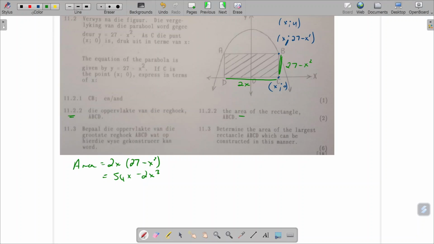And that is our answer for 11.2.2. However, we have a follow-on question that's quite important, and that is to determine the area of the largest. Now again, they have used the word largest here, but they mean maximum. So we want to have the maximum size for this rectangle.